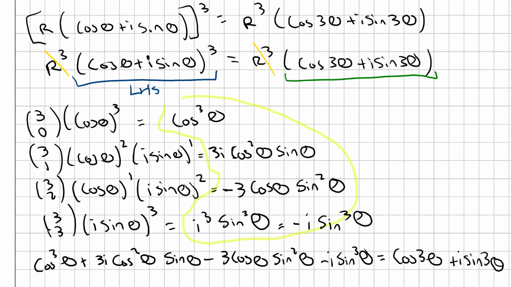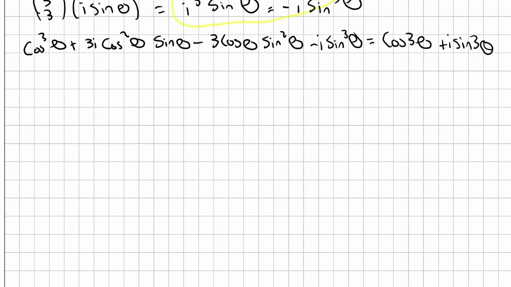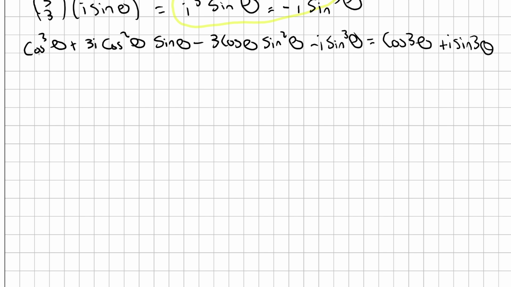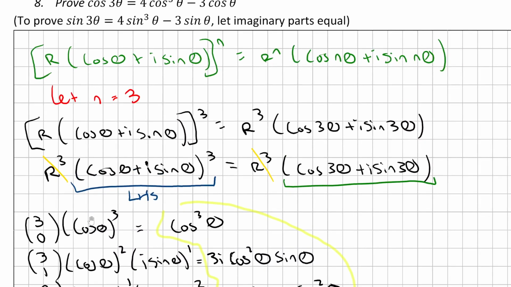And then we just have to remember that the real numbers on the left, everything without an i, is equal to everything real on the right. The same with the imaginary, everything with an i value is equal to the i values on the right. Because we're proving the cos cubed theta one from the start, that's where we leave the real equal to the real.